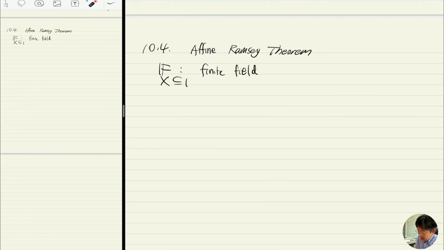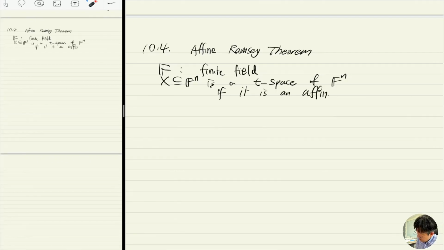And we say X in F^n is a t-space of F^n if it is an affine subspace of dimension t.